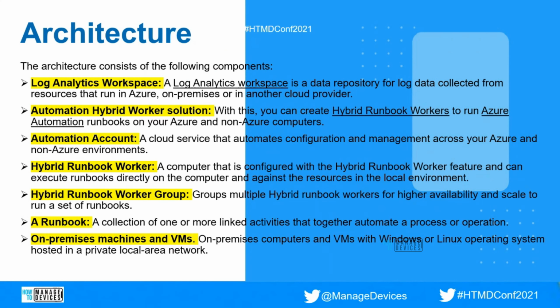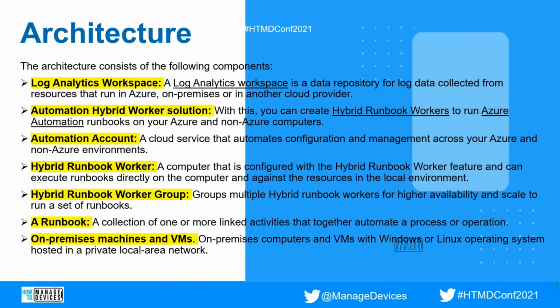Now for automation, the next requirement is the Automation Hybrid Worker solution. We definitely need this solution to run our worker servers. The other thing you need is an Automation account, and we'll see how to create the Automation account in Azure.